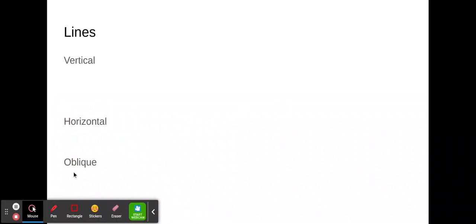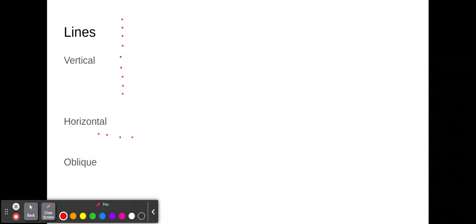So again, when we think about lines, one thing I want to talk about here is vertical, horizontal, and oblique lines. A vertical line, when we're talking about discrete geometry, I'll do the best I can here, is going to be a row of dots that goes straight up and down. A horizontal line in discrete geometry is going to be dots that go straight across.